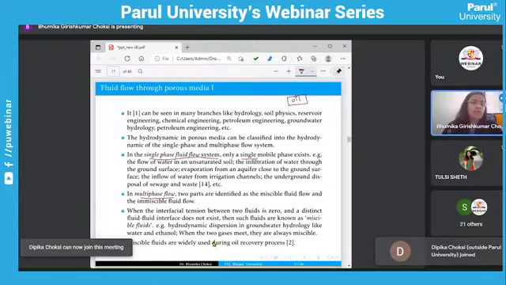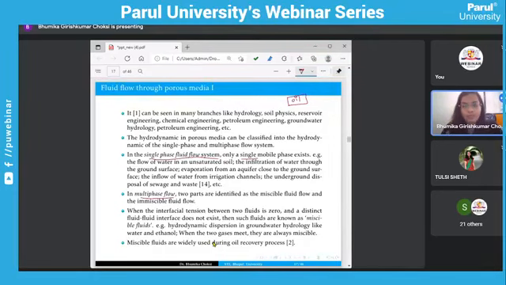And if we are injecting water for the secondary oil recovery process, and for the tertiary or enhanced oil recovery process we are injecting some chemicals, it will be a multi-phase flow problem.